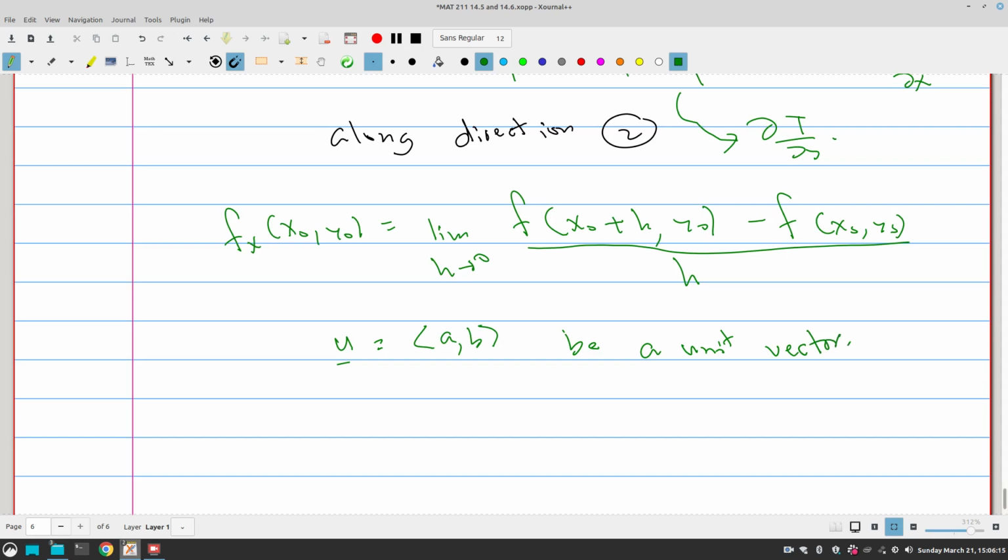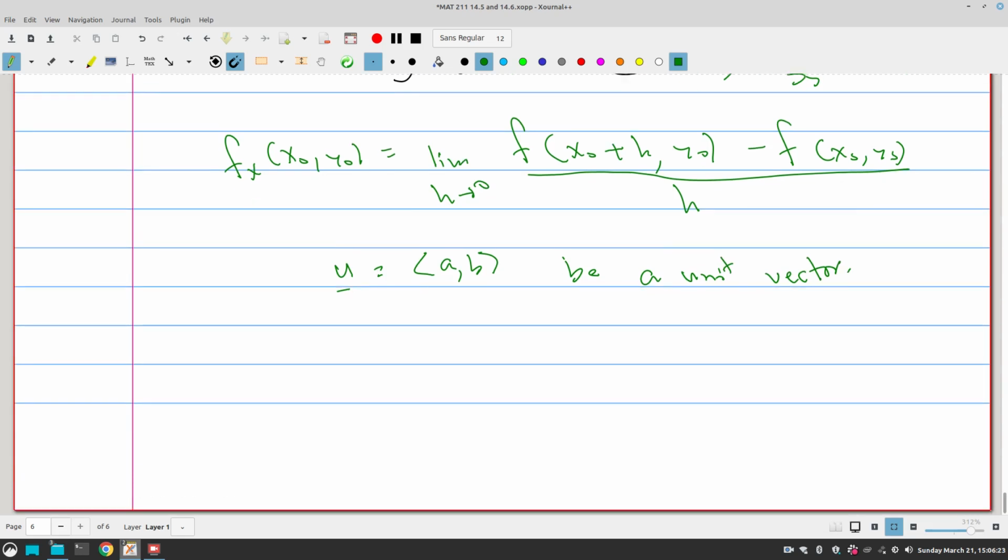Now the directional derivative of f in the direction of u, let's define this, right? This is a definition.